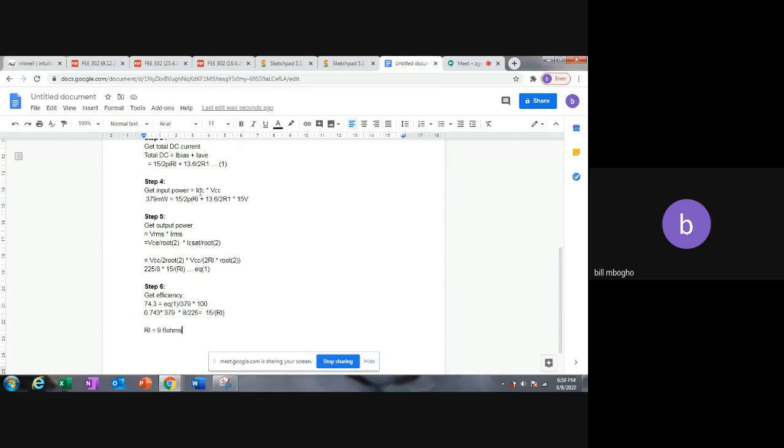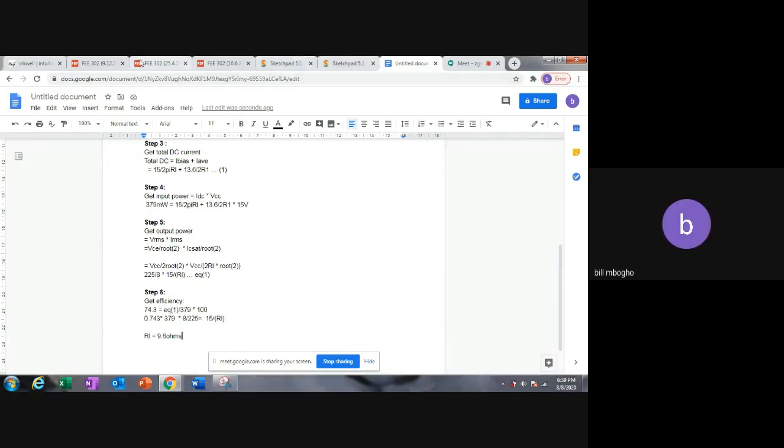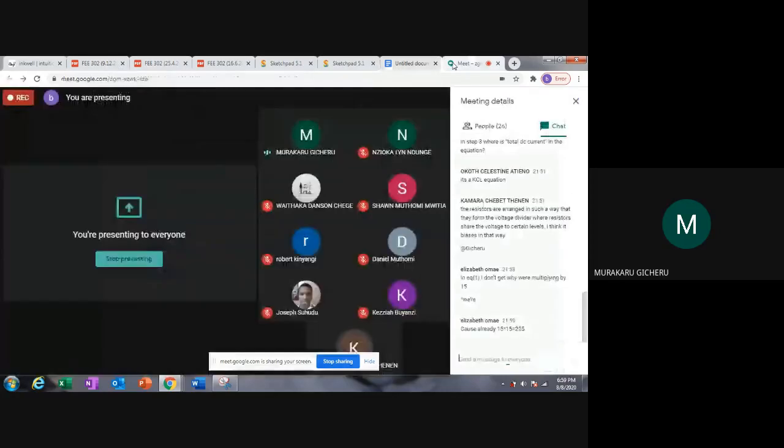You take the value of RL from here and put it into this equation, equation 1.